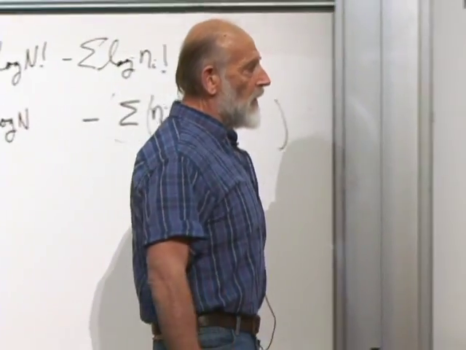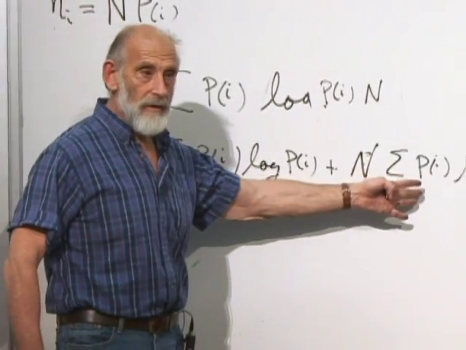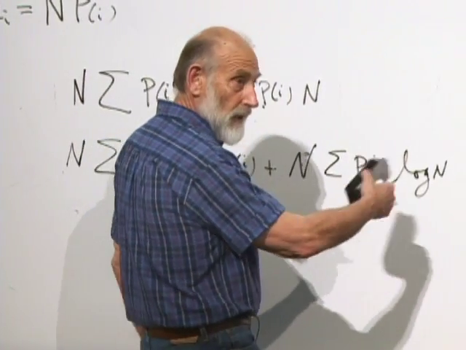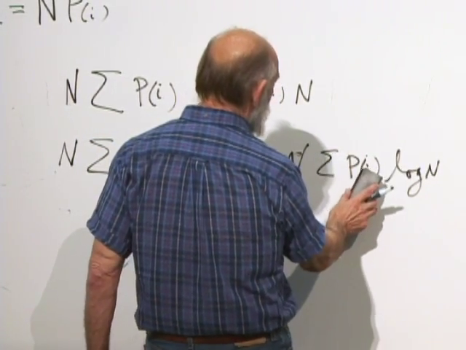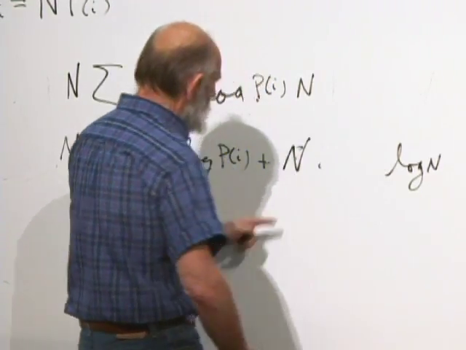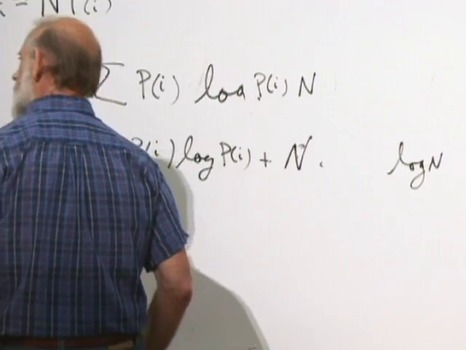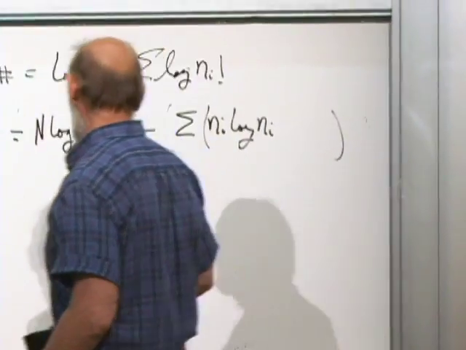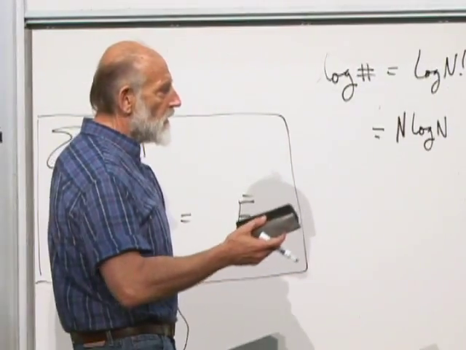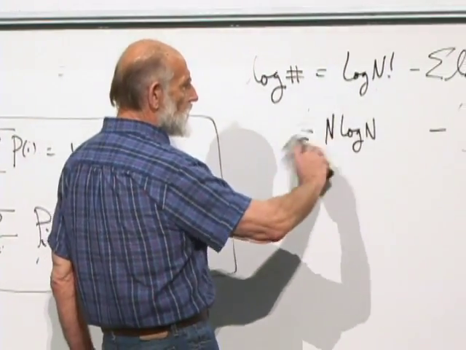Now what's the sum of p sub i? 1, which is pretty much what you would have done if you would have done it the way you said. All right, so this just goes away. And this gives us n log n. It comes in with a minus sign, and so it cancels this n log n over here. This thing is gone.